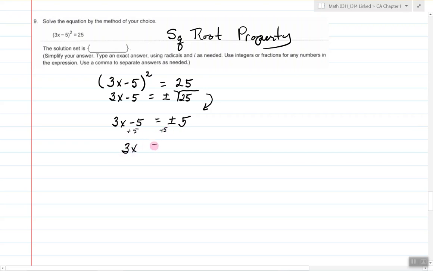So 3x is equal to 5 plus or minus 5. Divide by 3. x is equal to 5 plus or minus 5 over 3. And I need to get my two rational answers.